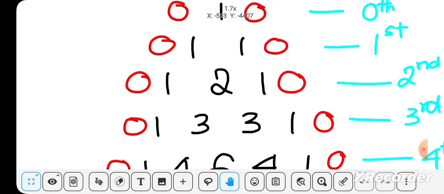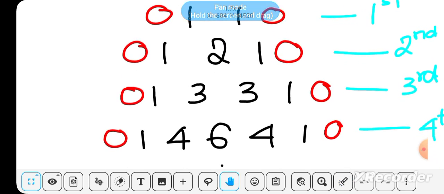Then for the next row, we are going to add these two. 0 plus 1 is 1, these two, 1 plus 1 is 2, 1 plus 0 is 1 again, and after that just put the two zeros at the end.